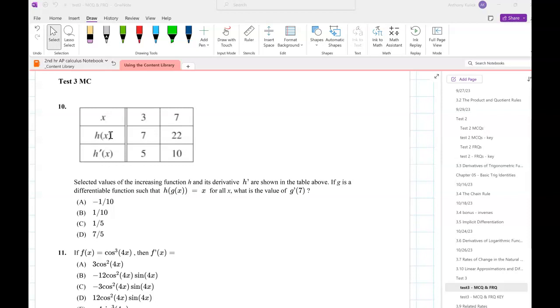Number 12 is calculated. Okay. This is just bad notation on her part. She just says the outer function is x cubed, and the derivative of the outer is 3x squared, which is really what she meant.